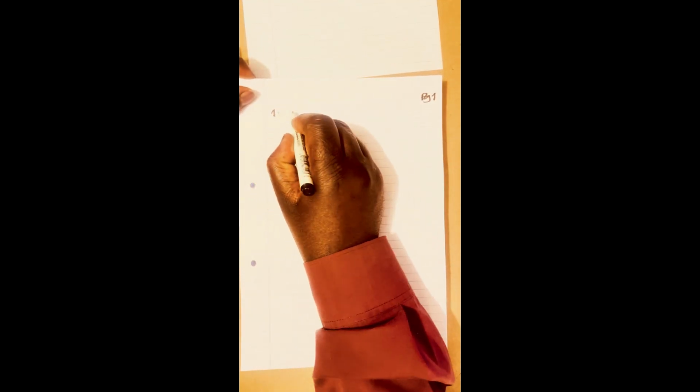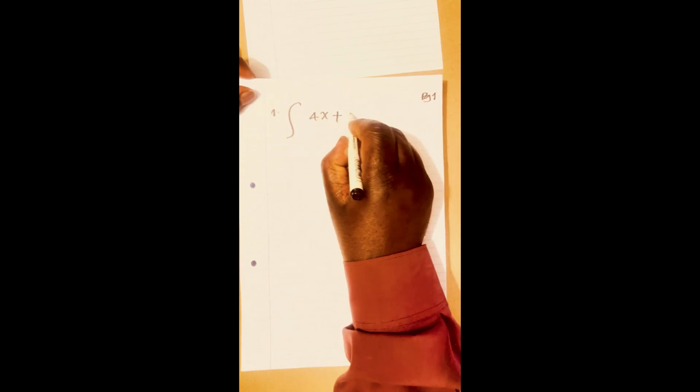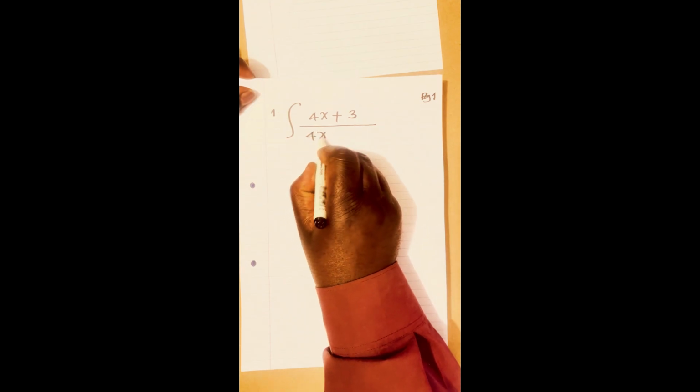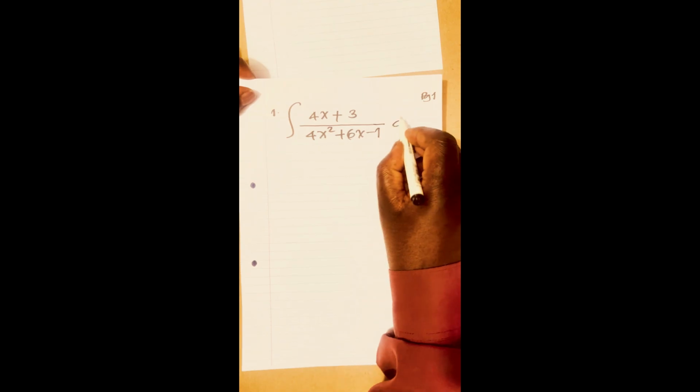Here is the story now. Our first integral is the integral of (4x + 3) over (4x² + 6x − 1) dx.